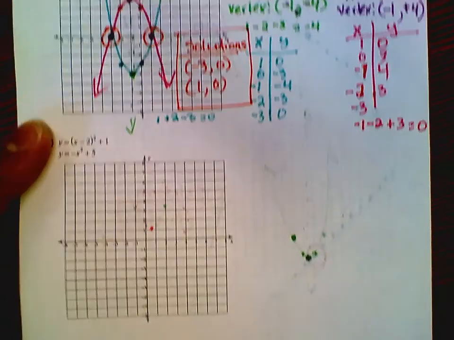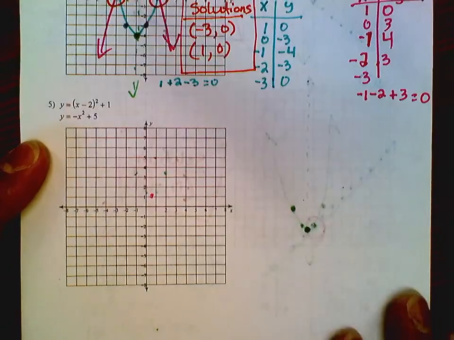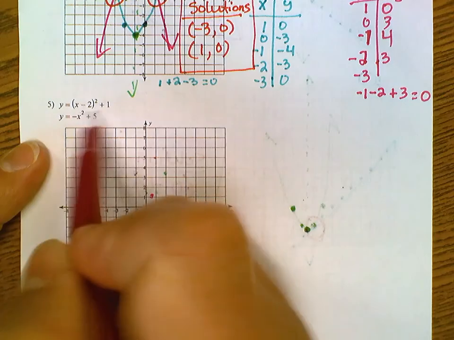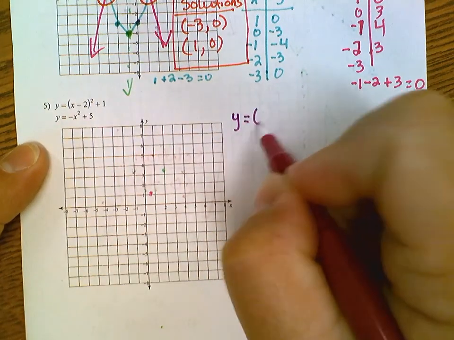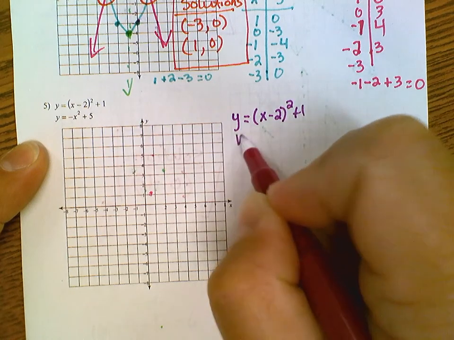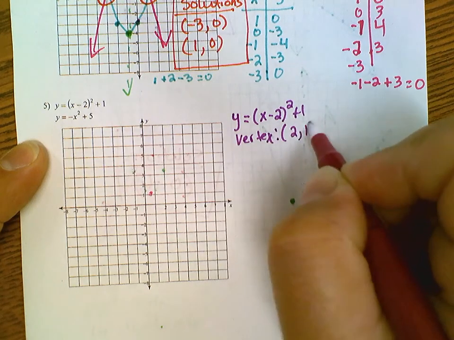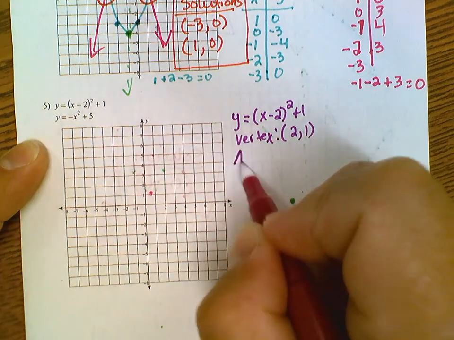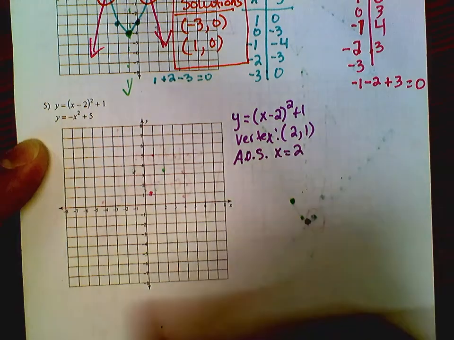Okay. We have maybe a little bit less work here because we happen to have vertex form for our first quadratic. So I have a vertex of 2, 1, and that means my axis of symmetry is x equals 2.